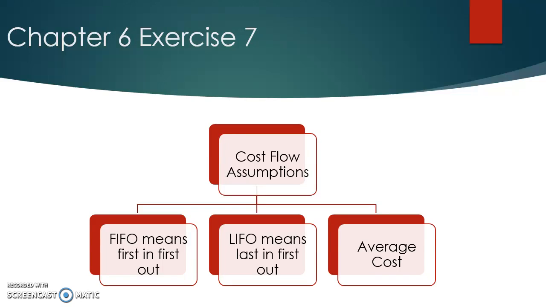The first is FIFO, which is first in, first out. Then we have LIFO, which means last in, first out. And we have the average cost assumption. In the next exercise, we're going to be using these three items to solve the exercise.